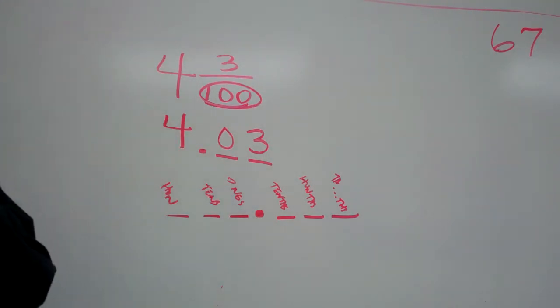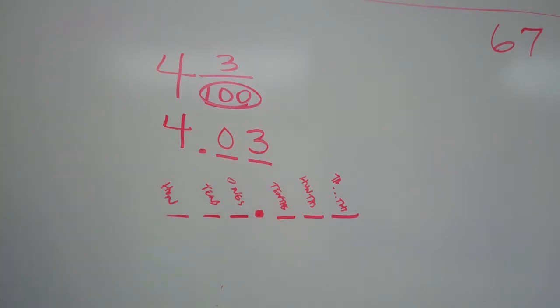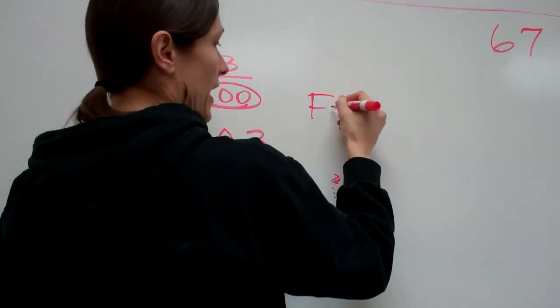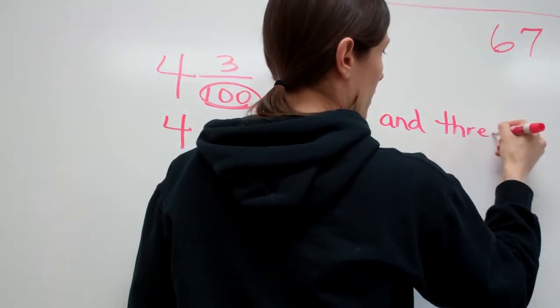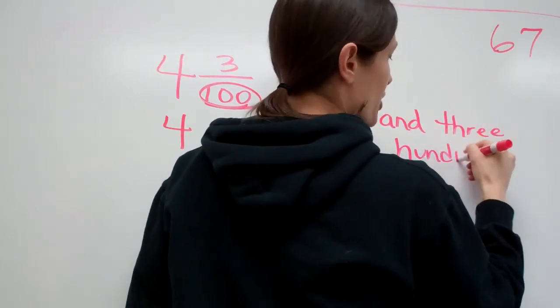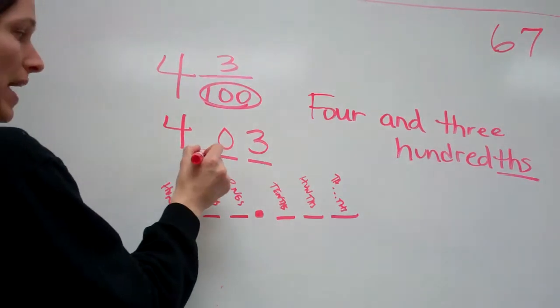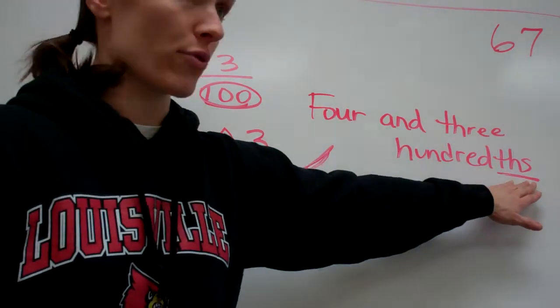So listen to how I said that. 4 and 3 hundredths. That's how I would say it. Make sure you're adding your THs after you're past the decimal. Anything past it has to have the THs after it.